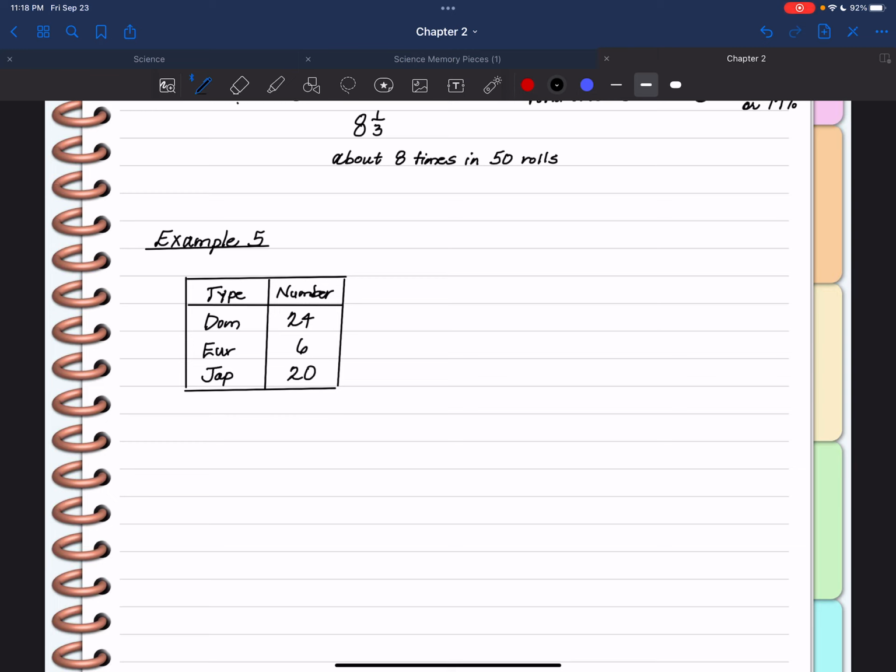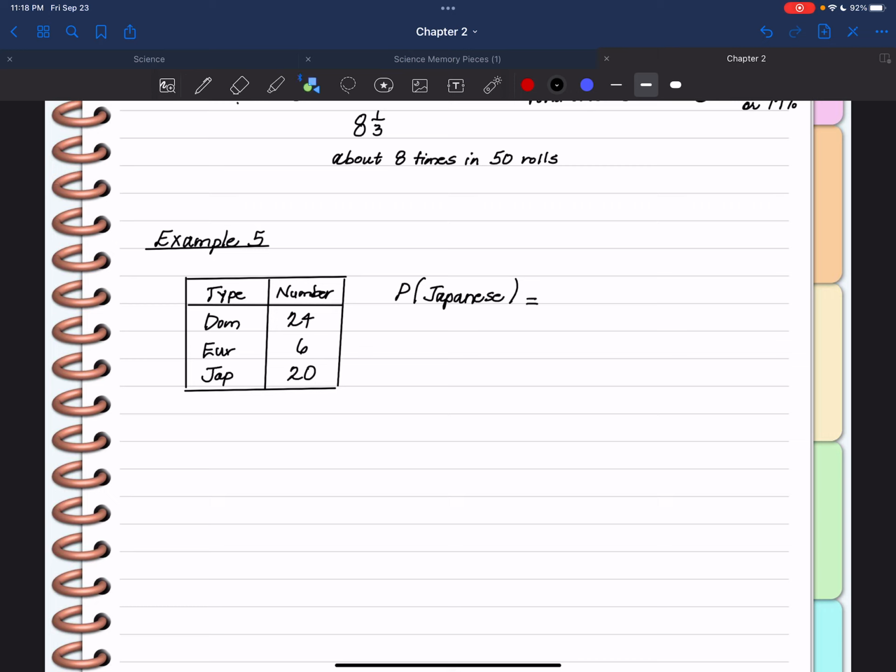And we want to predict the number of Japanese cars sold out of the next 200 cars. So the first thing I want to do is look at the probability of a Japanese car out of this data.